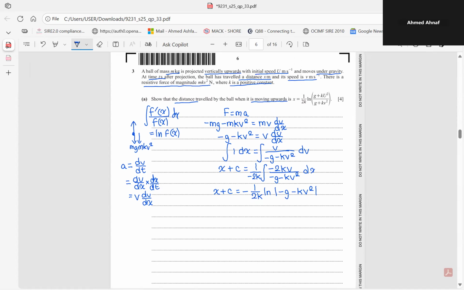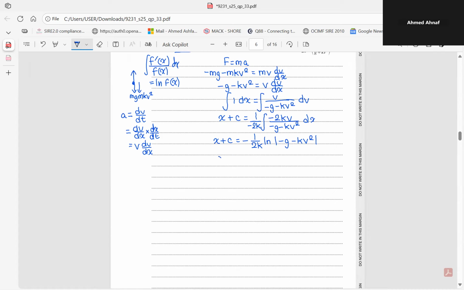All right, now to find c, we're going to make use of this fact, the initial speed in meters per second. And obviously by common sense, you should know that when the initial speed is u meters per second, the distance traveled is 0.